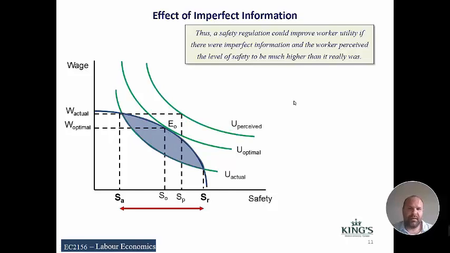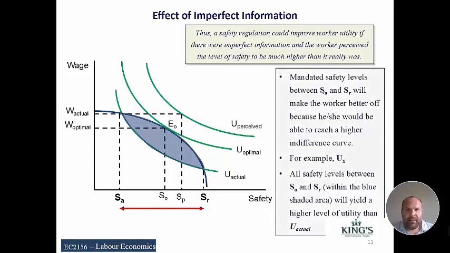Okay, so in a nutshell, a safety regulation could improve worker utility if there was imperfect information and the worker was perceiving the level of safety to be a lot higher than it actually is. So again, mandated safety levels between SA and SR would make the worker better off because they would be able to reach a higher level of utility.